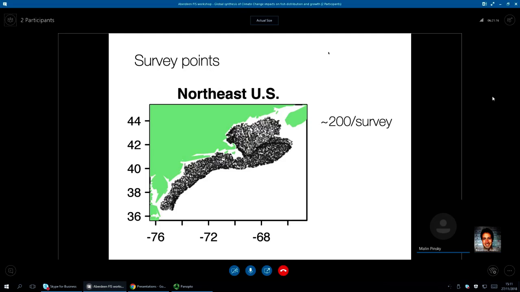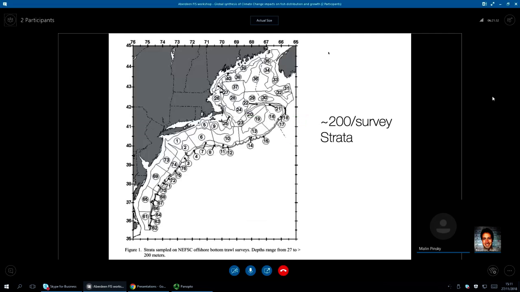So, for the Northeast US, this is a map of all the survey points over the last about 40 years of surveys. There are about 200 points that end up being surveyed in a given year. They actually get surveyed twice a year. But the way this survey, and at least many surveys in North America, are organized is that they have survey strata.